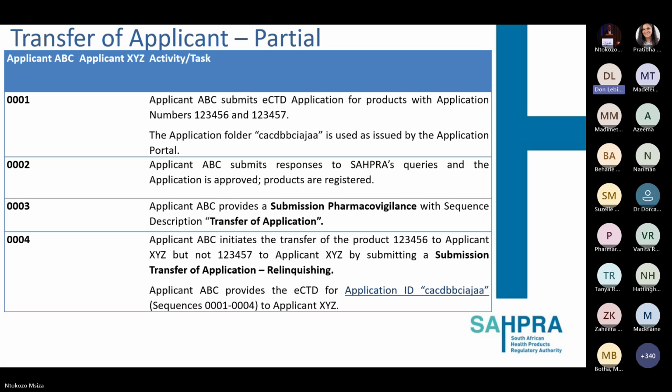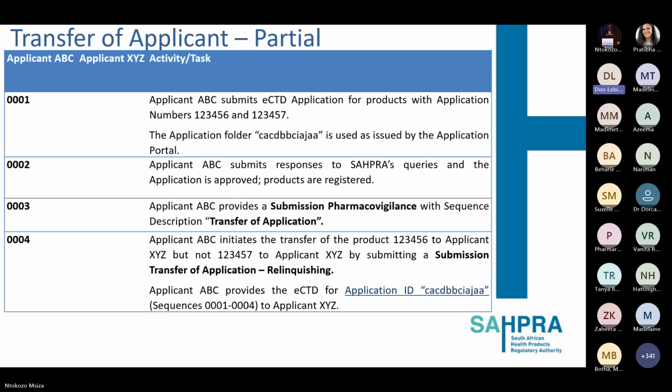And then on sequence 0004, you would initiate the TOA for product 123456 to the acquiring XYZ applicant, but you are retaining 123457 as the relinquishing applicant. So you would state that on your cover letter and your submission for the transfer of application relinquishing.